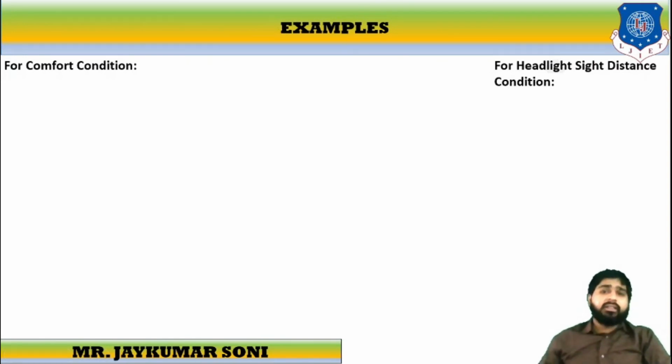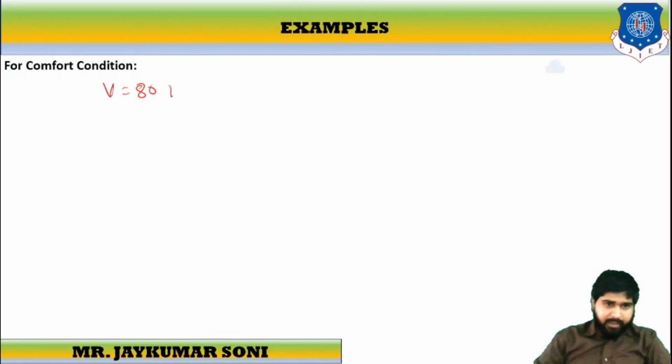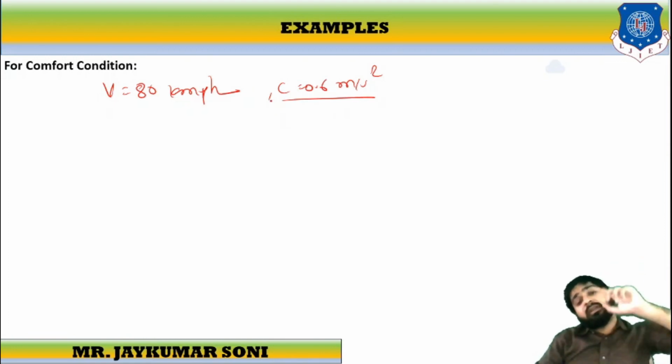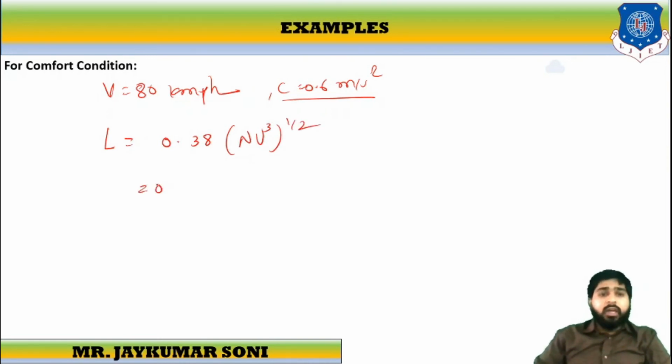Now, for comfort condition and for headlight sight distance, there are two criteria. For comfort condition, the equation is very easy. The V given over here is 80 kmph. If we take the value of C is equal to 0.6 meter per second square, and put in the equation that we have learned in the last session, the equation will be L equals to (0.38 N V cube) raised to 1 by 2.